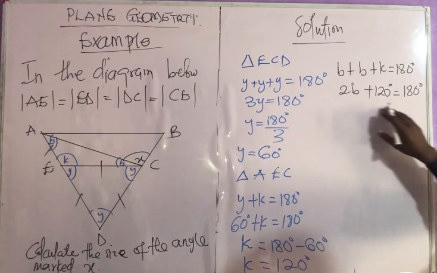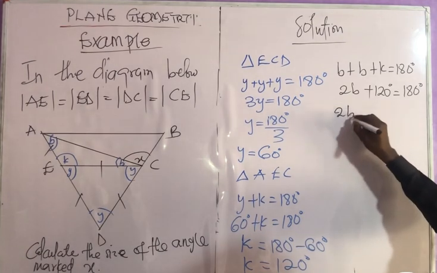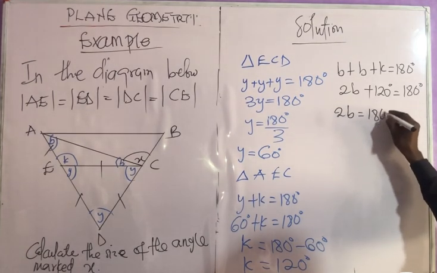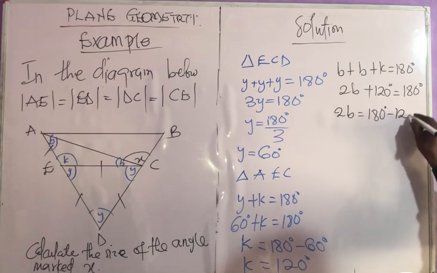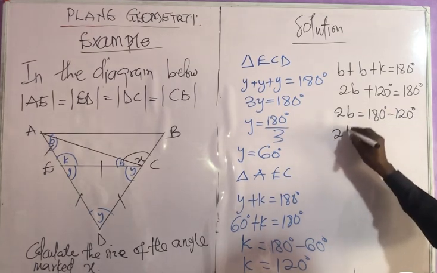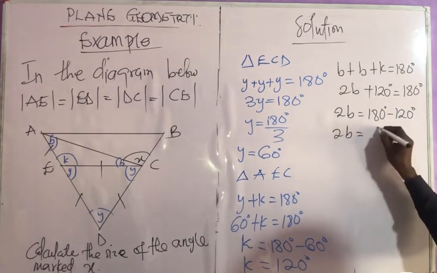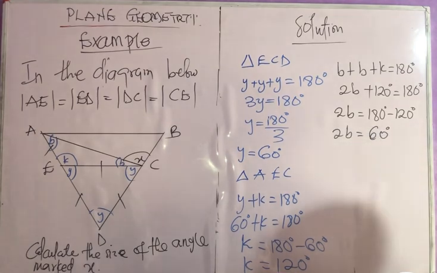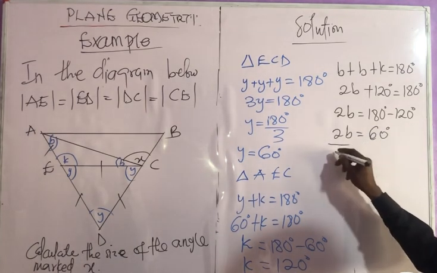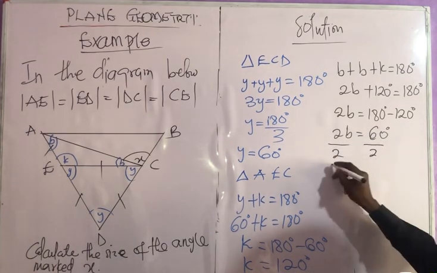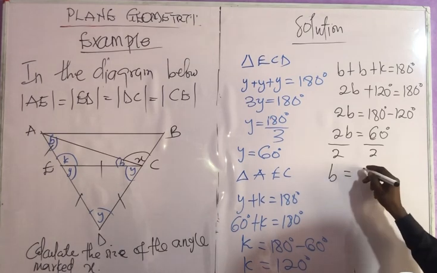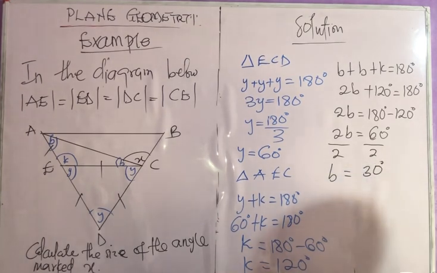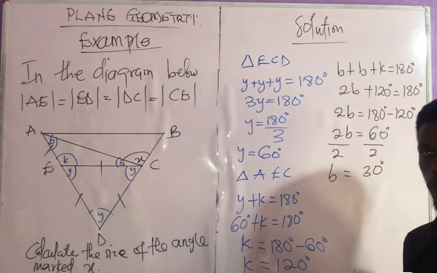So here we can take additive inverse, which is 180 degrees minus 120 degrees. So my 2B will be equals to 60 degrees. So dividing both sides by 2, my B will be what? 30 degrees. Is that okay? So I have my B to be 30 degrees.